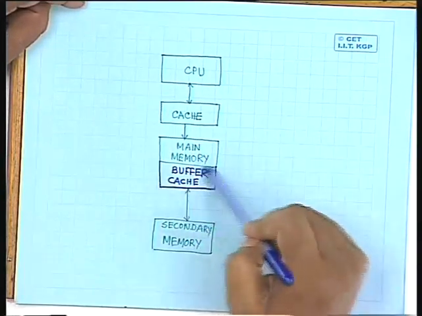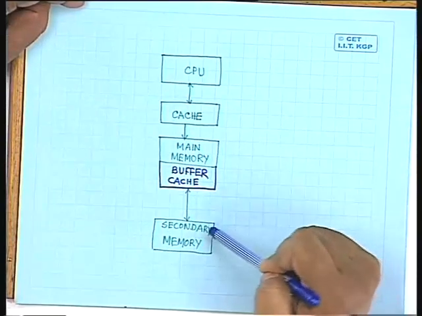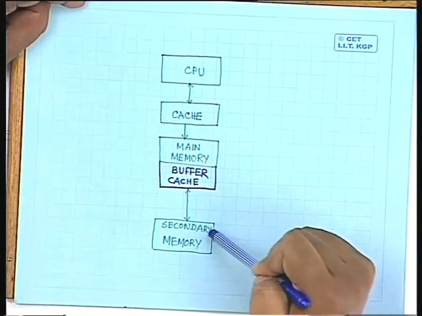So by this time it should be clear that we cannot have duplicate copies of a block of the secondary memory in the buffer cache. There has to be only one copy of a particular block in one of the buffer caches.